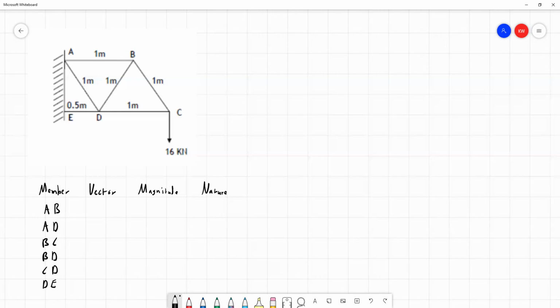So we've got our table set out, and we're going to begin by analysing node C. The reason for choosing node C is because it's the only node where we know something about one of the forces acting on it.